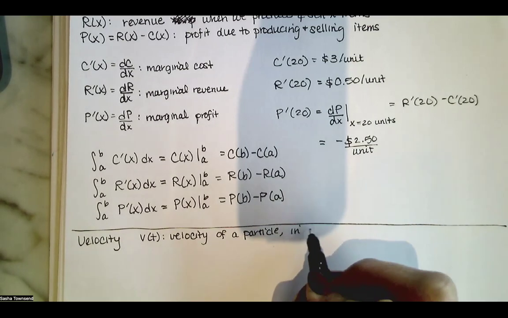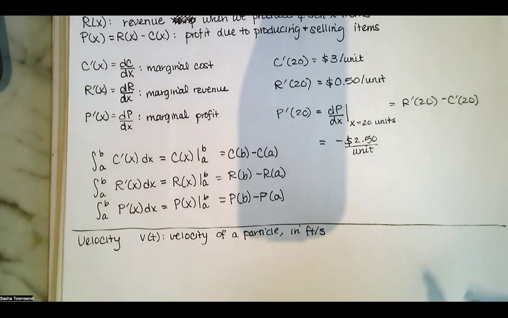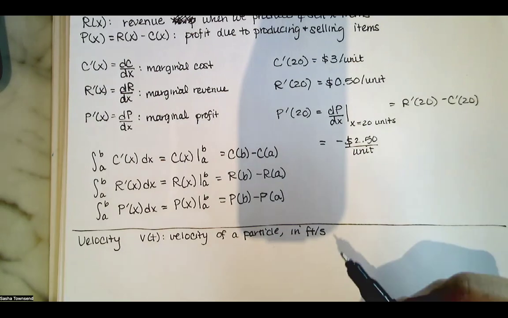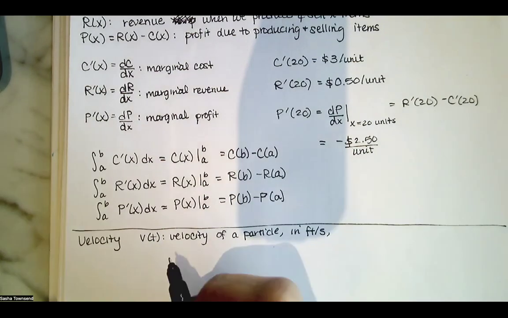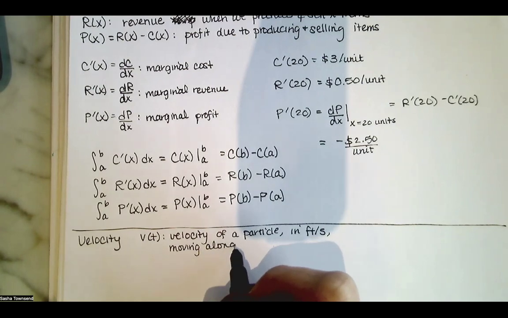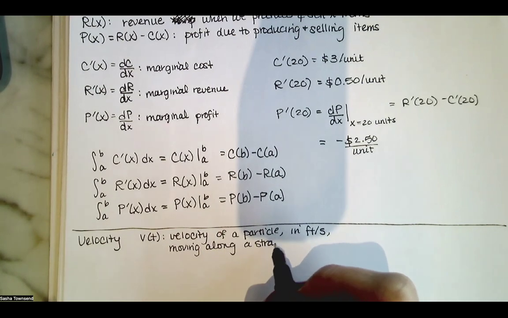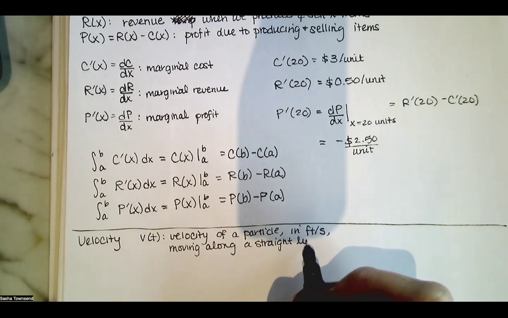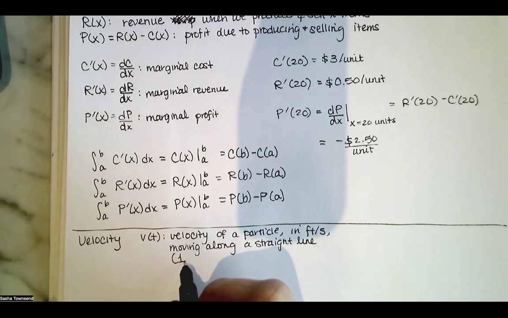And that will be in feet per second or meters per second or miles per hour, some units of distance per some units of time. And we're moving along a straight line. So this is one-dimensional motion.